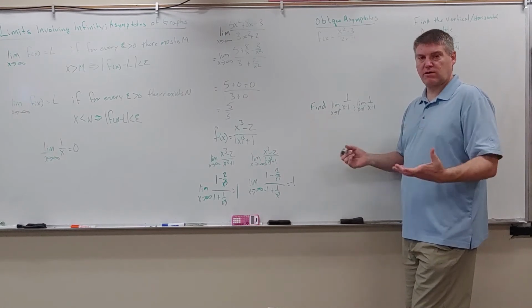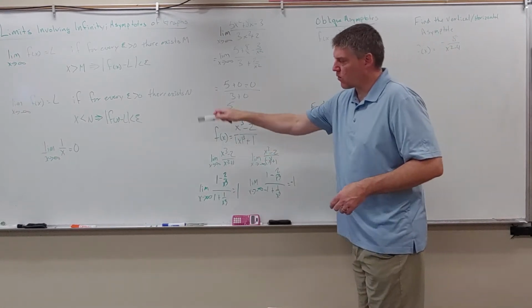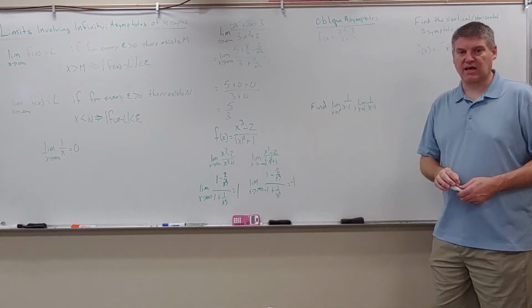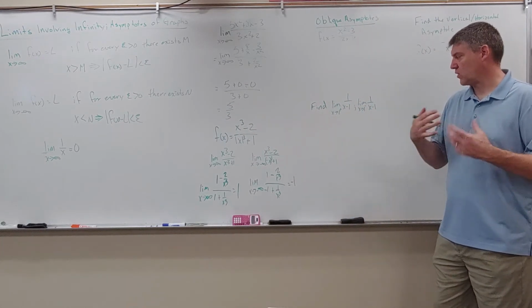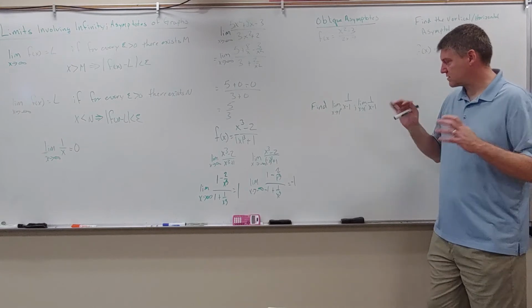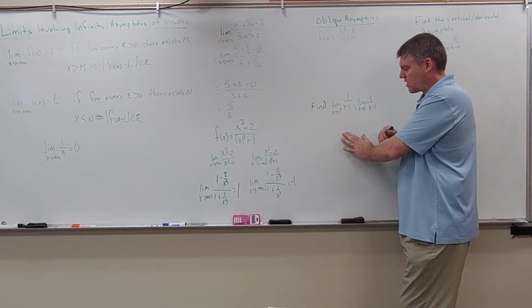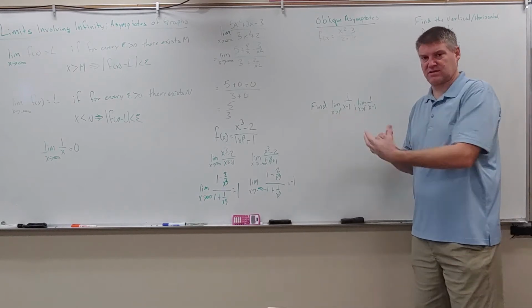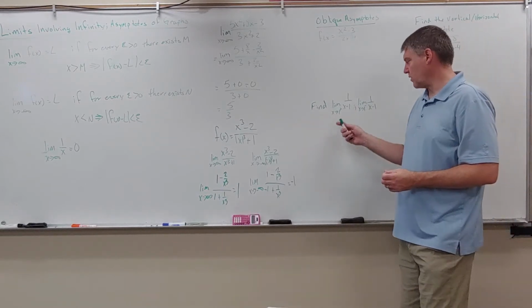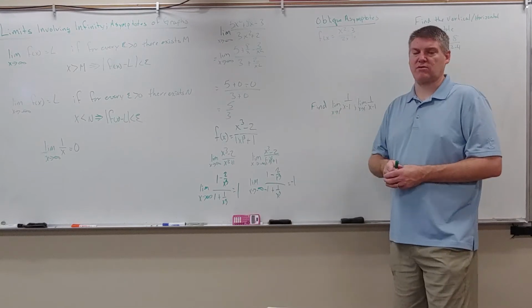We said that 1 over x, as x goes towards infinity, is going to be 0. That's fine. But here we're going to 1 plus, so we're really looking at what happens to this value as we go to values slightly bigger than 1.